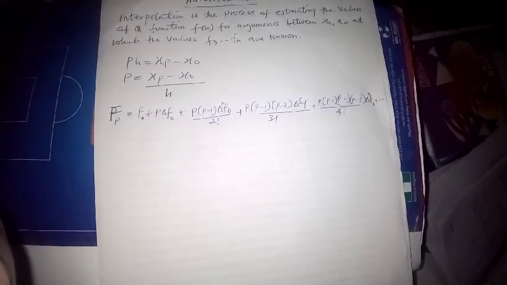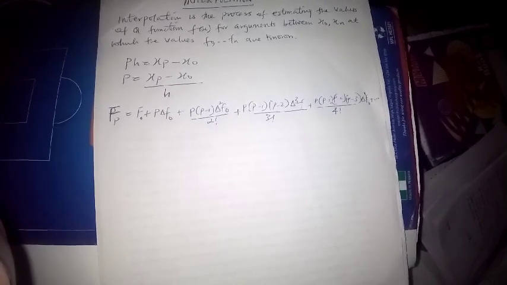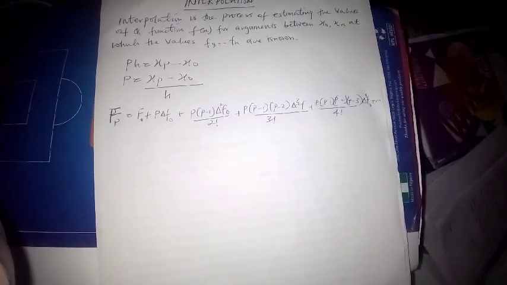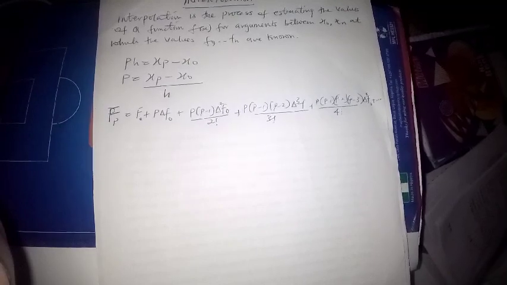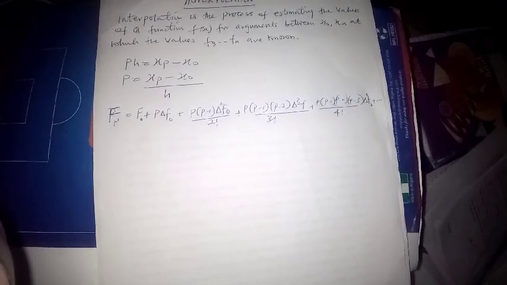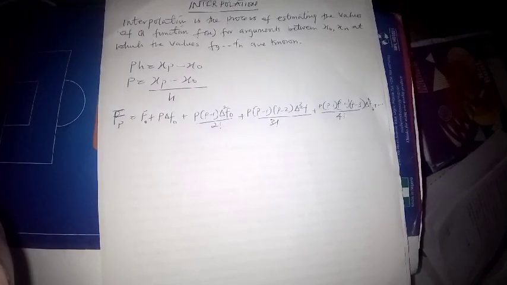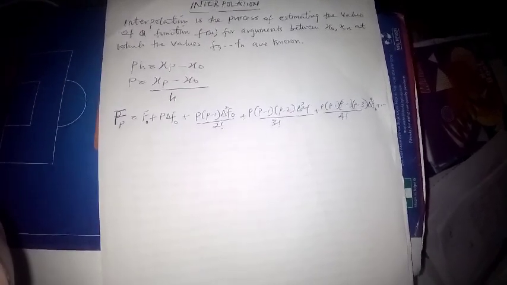Now my xp simply means the value you are given that you are asked to look for. For example, if you're asked to solve the square root of 2 point something, or the square root of 1.125, or the square root of 1.10, the value you are asked to solve represents your xp.